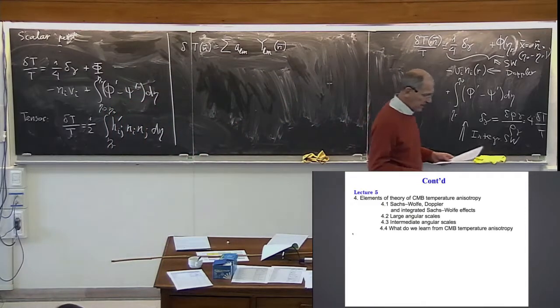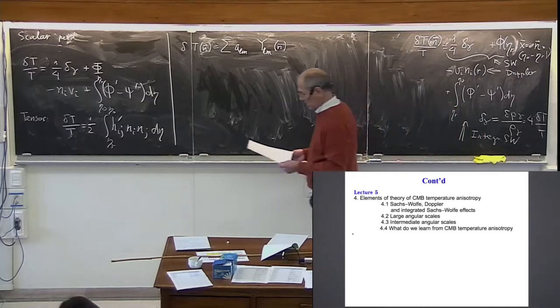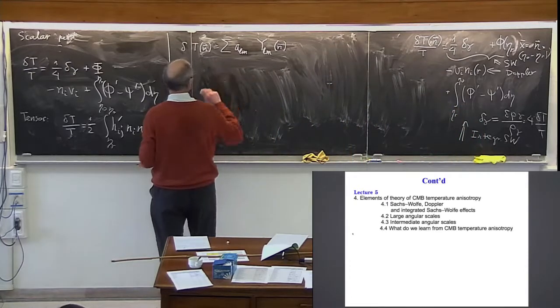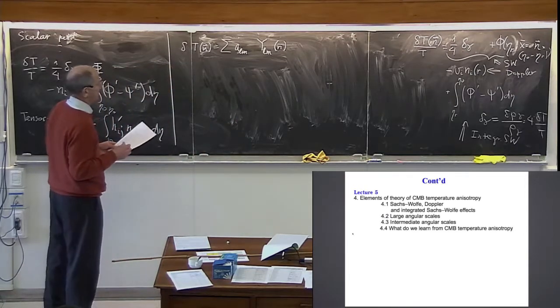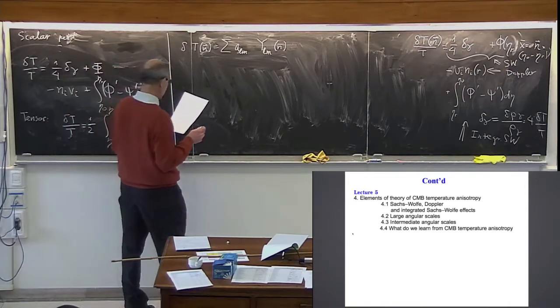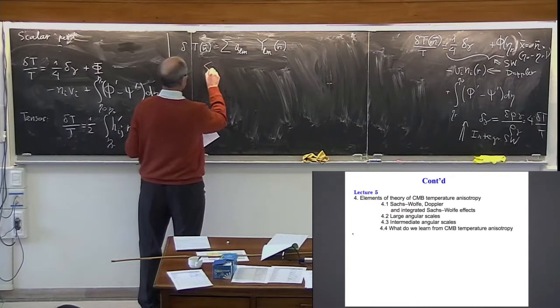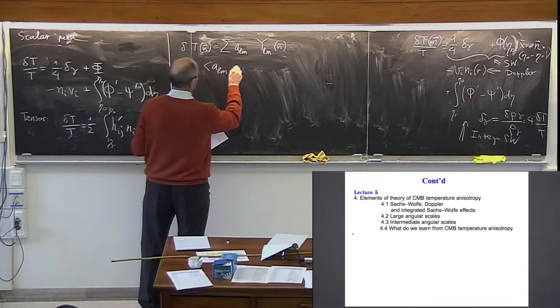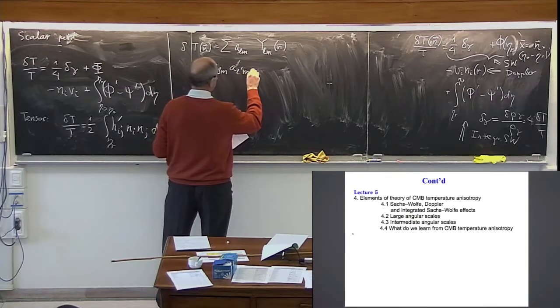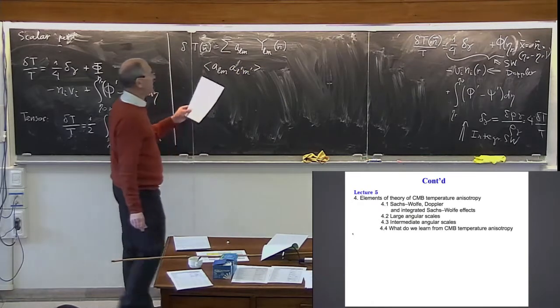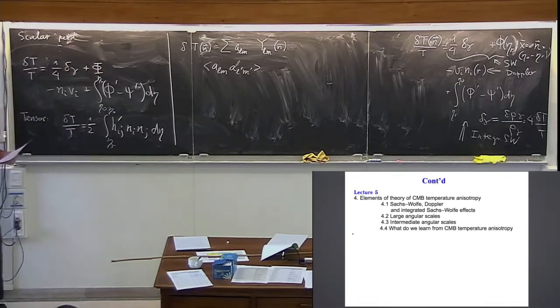So experimentally, you calculate the sum of these. It should be independent of L. And theoretically, what you can do is to calculate the average of a_LM times a prime, L prime, M prime. This averaging is the averaging over an ensemble of universes, right?